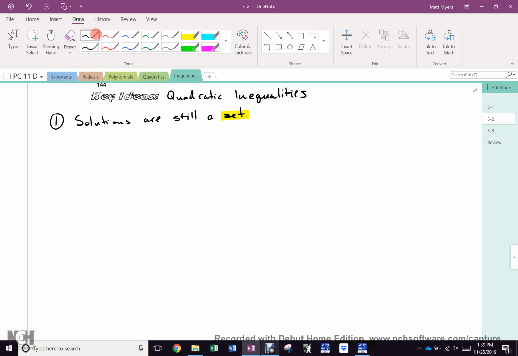If there's one variable, quadratic inequalities in one variable, I suppose we should add, because tomorrow it's going to be slightly different. The solutions are still a set, and that set is always a portion of the x-axis. And that is 3 options.